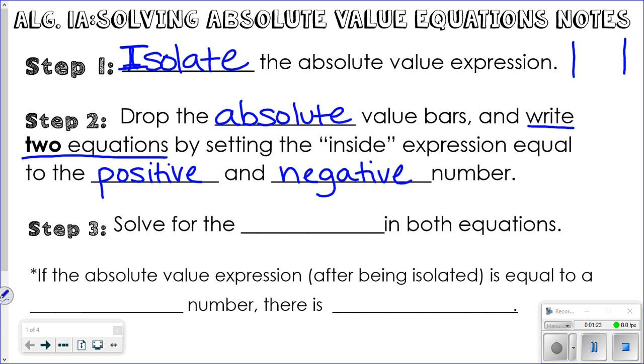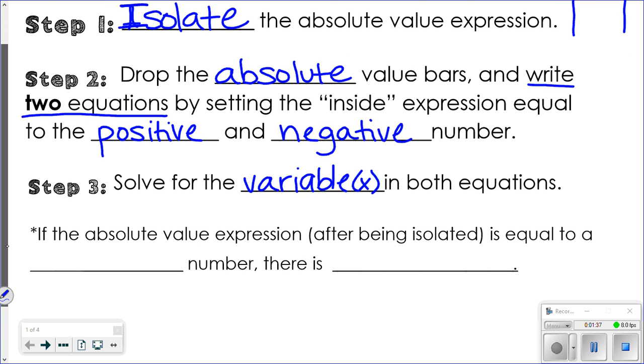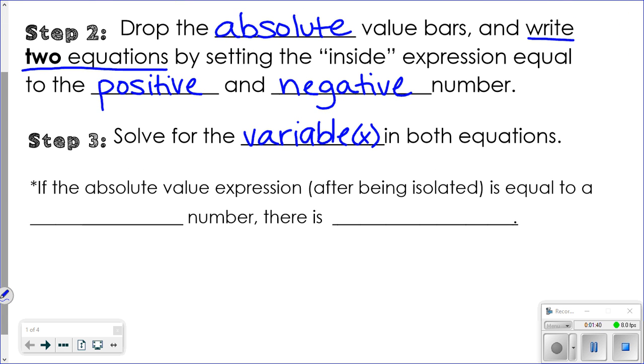Step three, solve for the variable. And most likely that's going to be x. Now here's a little hint or a trick, because we've talked about absolute value cannot be negative, because absolute value is the distance from 0 and distance cannot be negative.